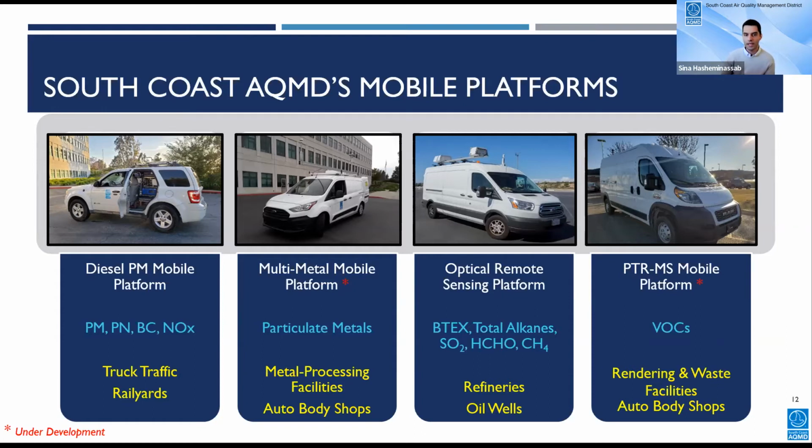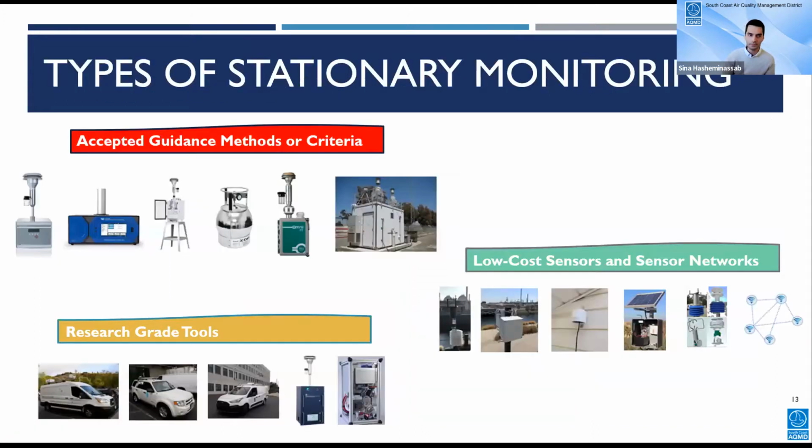The other two mobile platforms are equipped with instruments that can measure VOCs such as BTEX, as well as total alkanes, SO2, and methane. And therefore, we can use these platforms to address emissions from sources such as refineries, oil wells, as well as rendering and waste facilities. When it comes to stationary monitors, again, we definitely use accepted methods, such as those that have been approved by EPA.